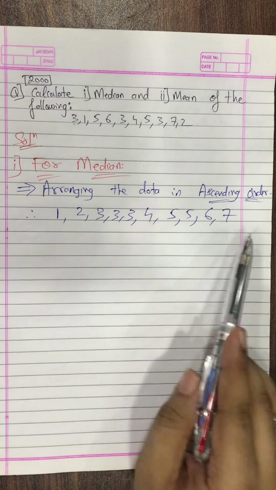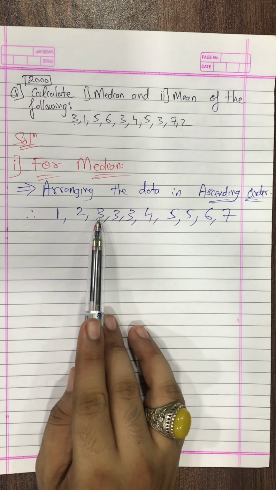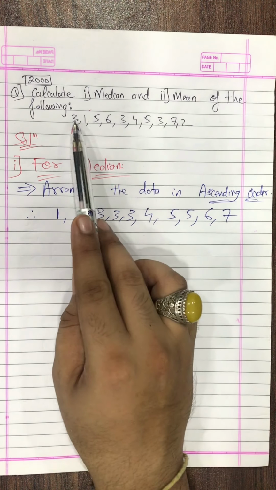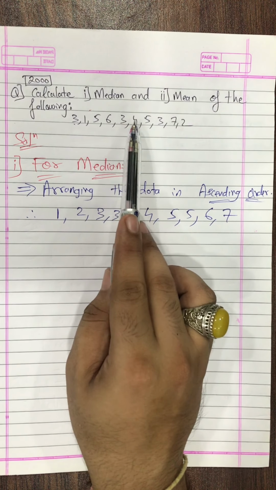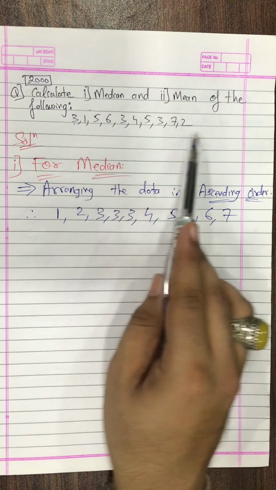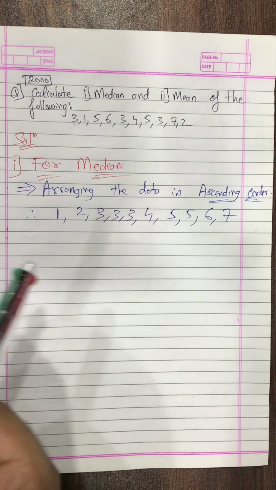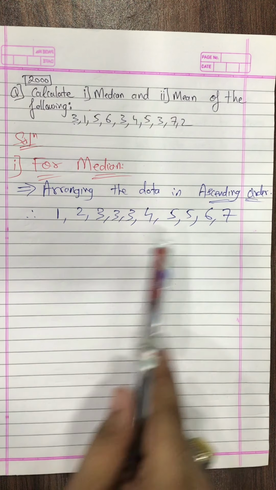Always cross check. Now count the number of terms: 1, 2, 3, 4, 5, 6, 7, 8, 9, 10. Here also 10 terms and here also 10 terms. Often there are chances that you miss one of the terms. Now let's apply the formula. To find which formula to apply, we have to count the number of terms, and just now we counted.